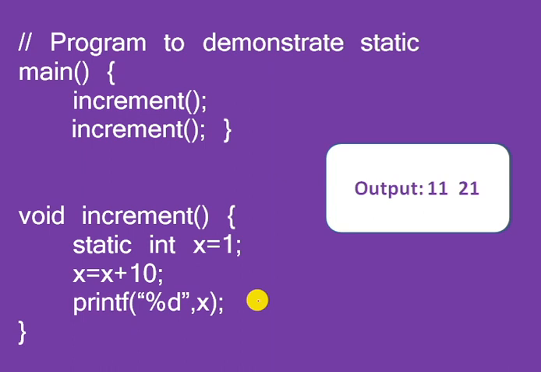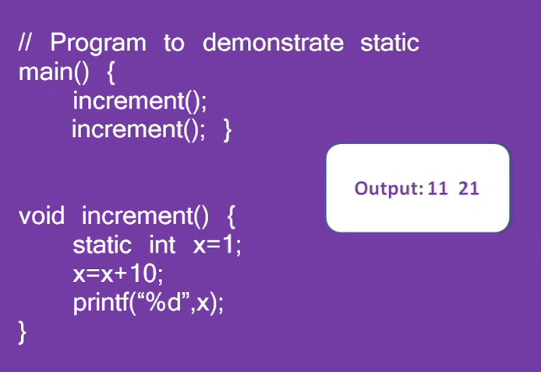Whatever value is present in that variable will be taken for the manipulations. So you will get 11 and 21 as the output. So the static variable life is from the start to the end of the complete program, not up to the end of the block. That is why we get 11 and 21 as output.